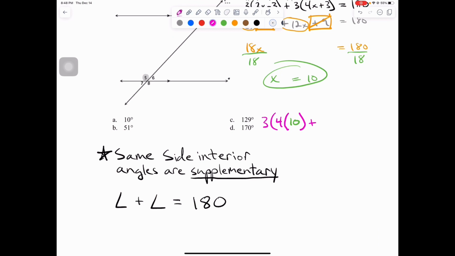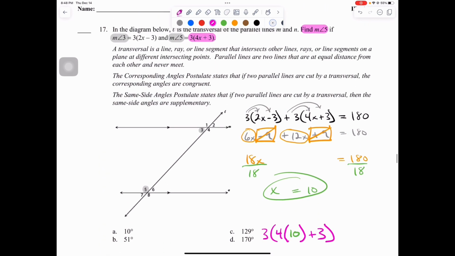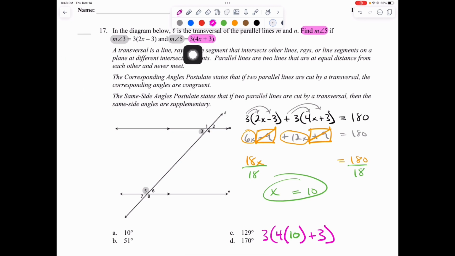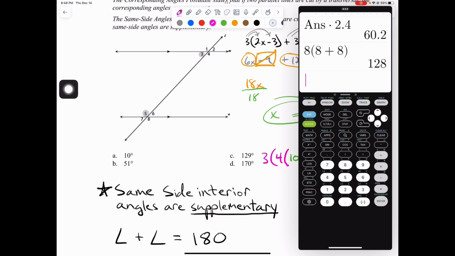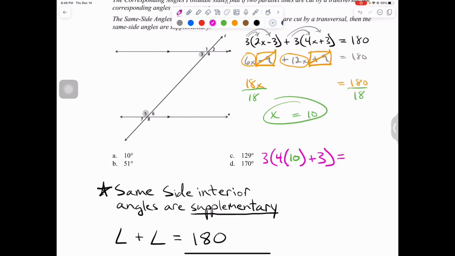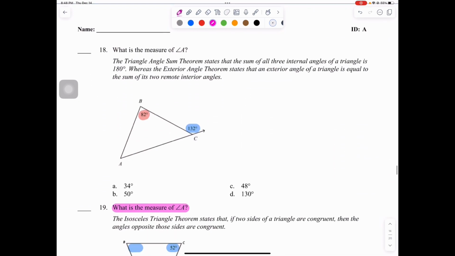Put in your plus 3. Close it off again. So we're just following it. Equals. So let's go ahead and put that in. 3, open. 4, open. 10, close, plus 3, close, enter. 129 degrees.